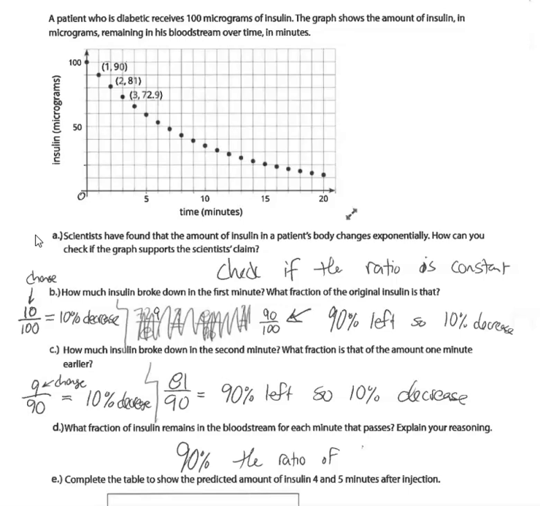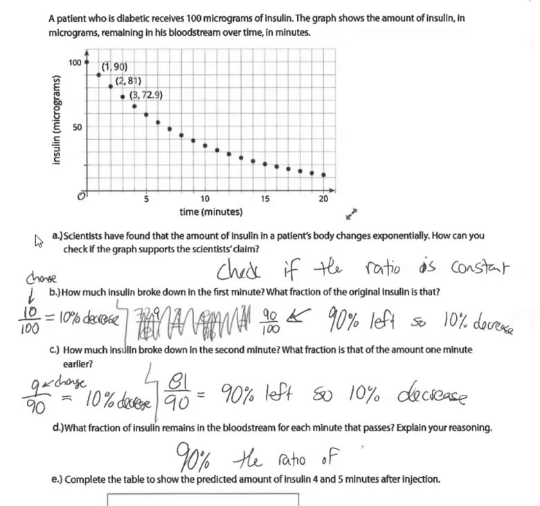On C, it says how much broke down after the second minute. Sorry, 9 went down, and the amount right before that was 90 micrograms, and that is a 10% decrease. So that goes along with the previous one that was 10% as well. The other thing was we went from 90 to 81.